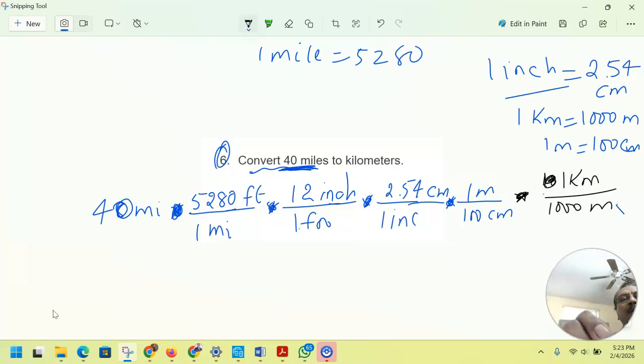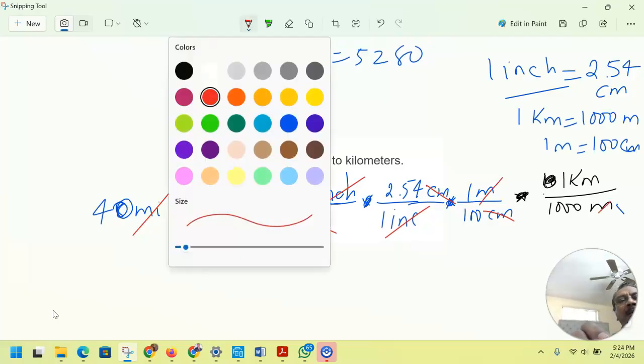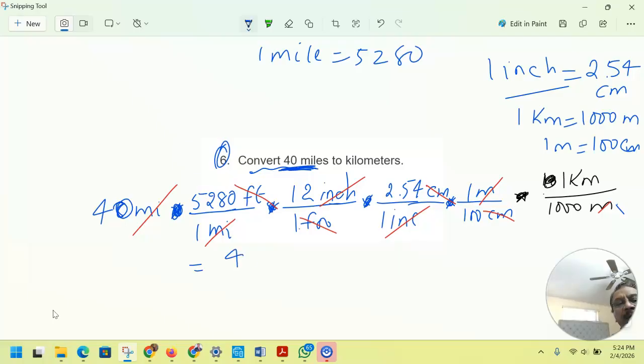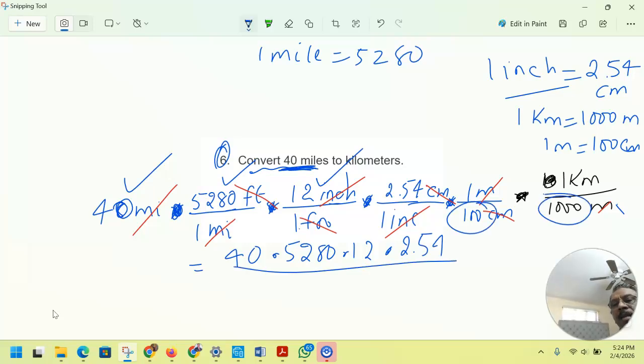So that is a long step here, so we will use the shortcut also. You can see this mile crosses out, this foot crosses out, this inch crosses out, this centimeter crosses out, this meter crosses out. What you are left with is 40, then 5280, then 12, then 2.54, and then you divide by this 100 and this 1,000, and all this answer will be in kilometers.